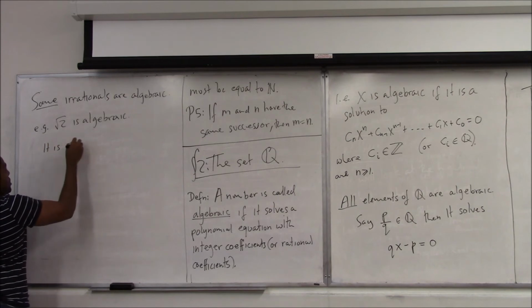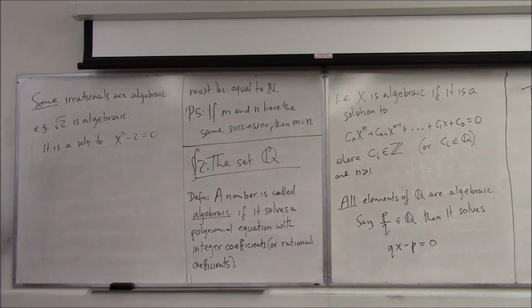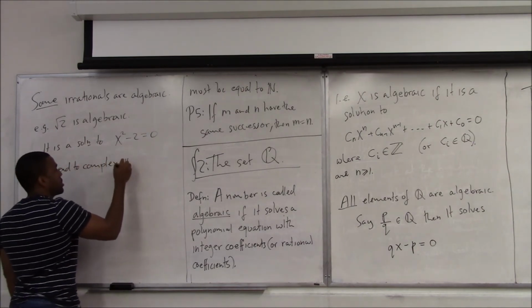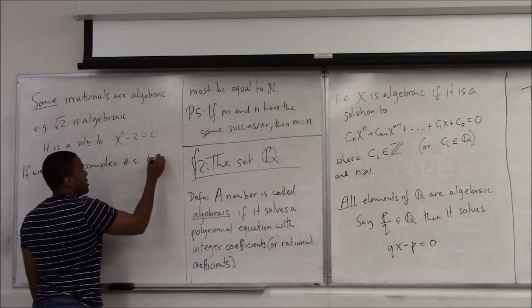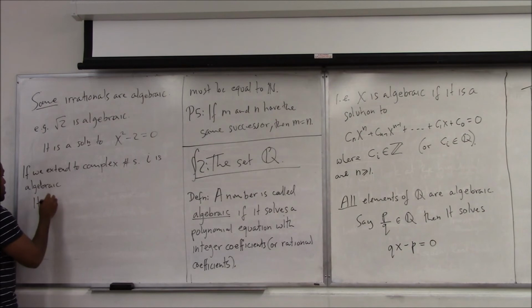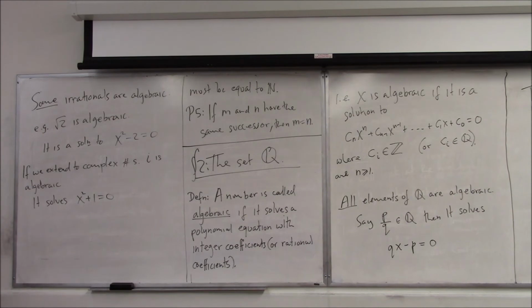It is a solution to x squared minus 2 equals 0, which is a polynomial with integer coefficients. But not all of them are algebraic. If we extend to complex numbers, then i is algebraic. i is a solution to x squared plus 1 equals 0. So numbers that can solve polynomial equations are called algebraic numbers.